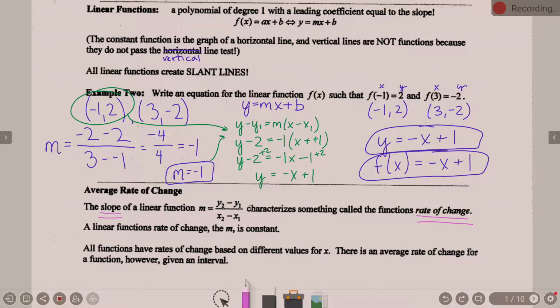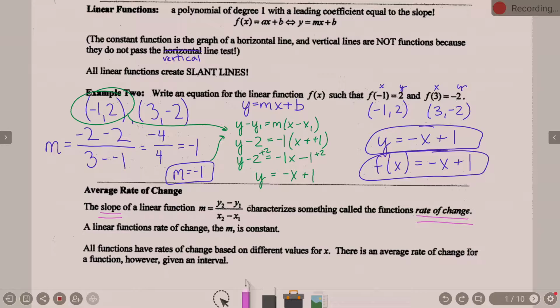All functions have rate of change based on different values of x. There's an average rate of change for a function given an interval. So when we talk about a line, there is one rate of change because that line is constantly changing the same. When we talk about, say, a parabola, the slope around the parabola is not always the same, is it? It changes based on where you're at on the parabola.